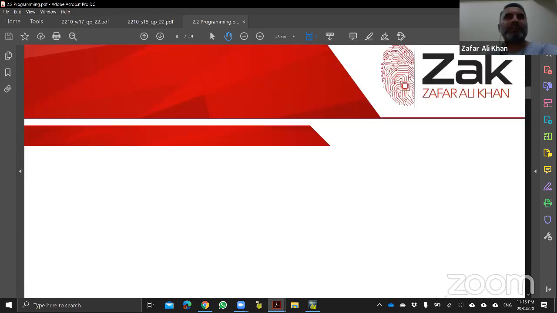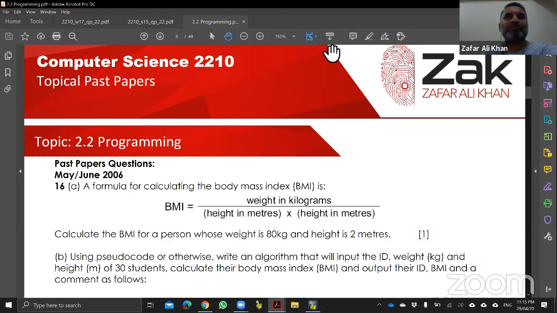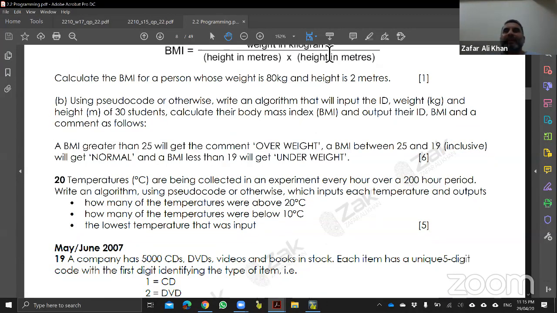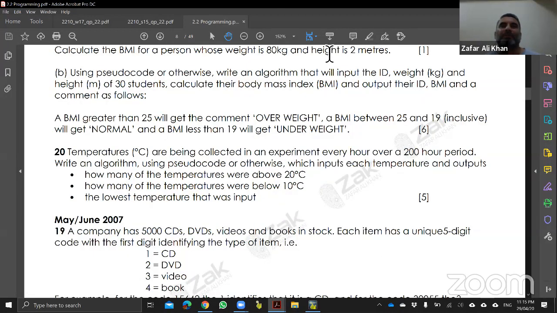This question is May-June 2006, question 20. Temperatures are being collected in an experiment every hour for over a 200-hour period. Write an algorithm using pseudocode or otherwise which inputs each temperature and outputs how many.